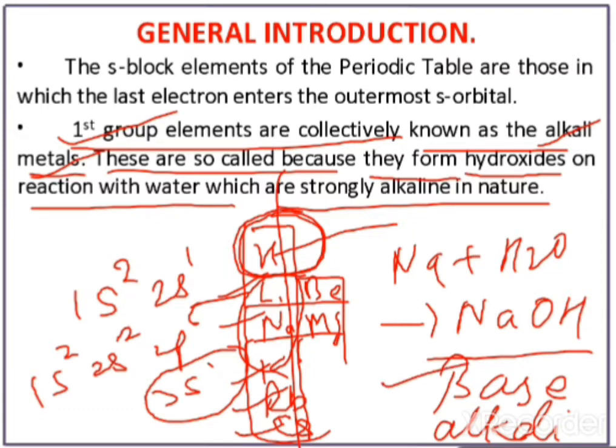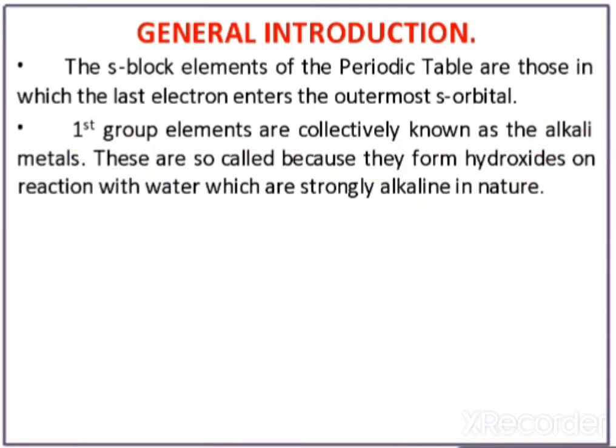So this is strongly alkaline in nature because it is basic. So the first group is known as alkali metals. Whenever we talk about alkali metals, you should immediately understand which elements we are talking about: first group elements.